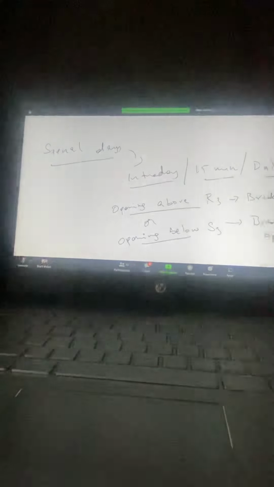First note this down: breakout opening and breakdown opening.